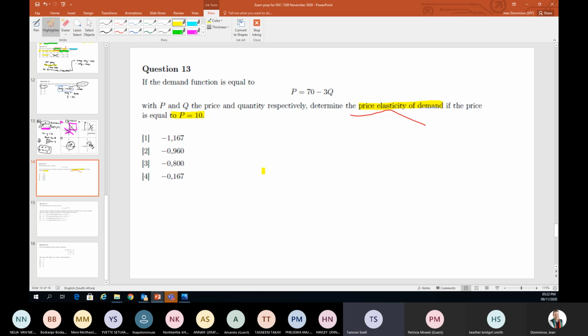So what's the difference between when they ask you the point, when they ask you just the price, and when they ask you the arc? I must be honest with you, I haven't seen in any exam nearly that they have asked for the other two.